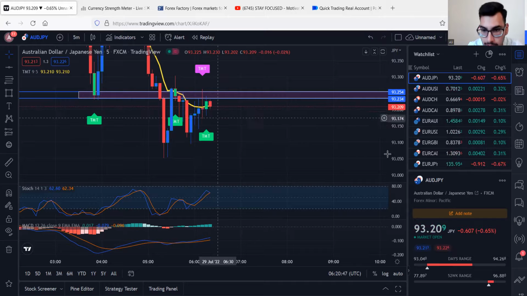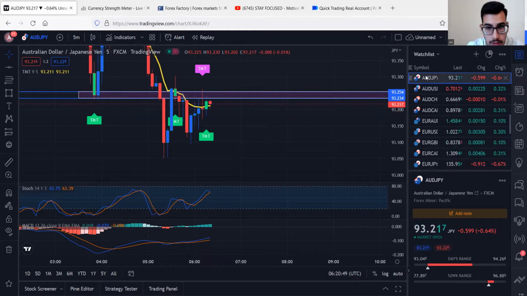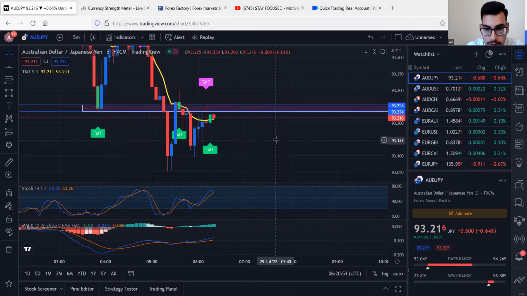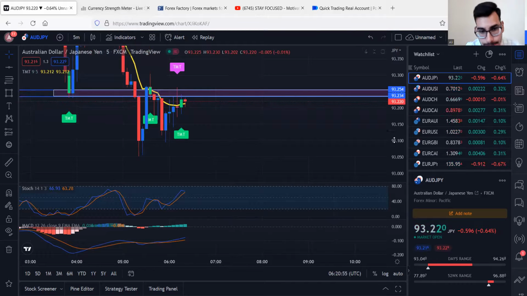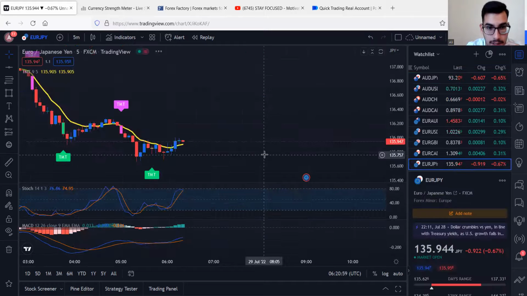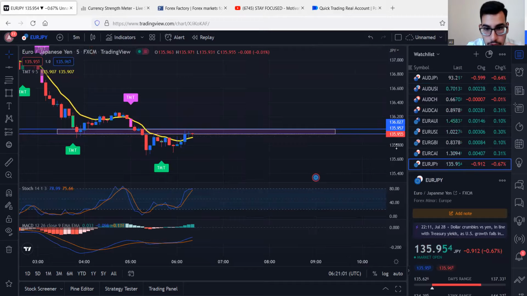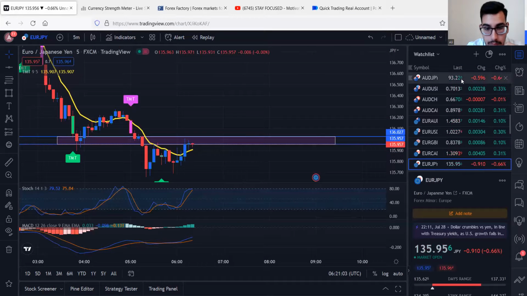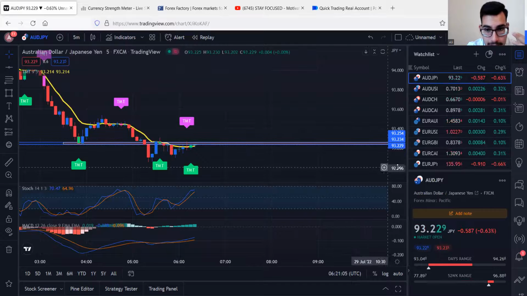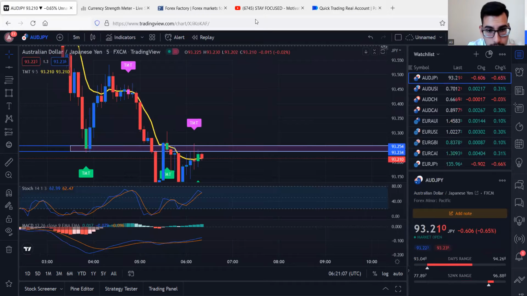Because for example, when I look at Euro JPY, somebody else can be looking at AUD JPY. You understand my point? Because I can't be looking at all of the pairs all the time. Here I was focusing on Euro JPY, but realistically, AUD JPY was well as well.